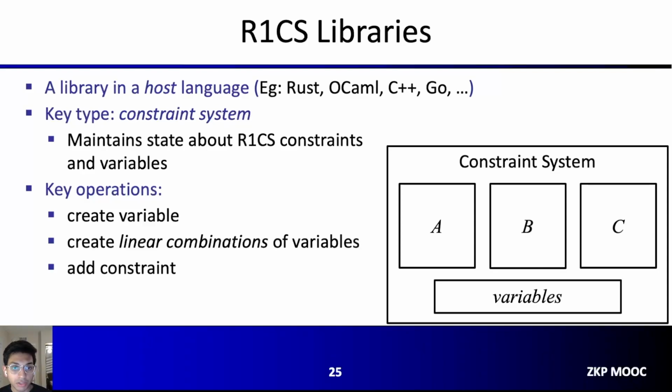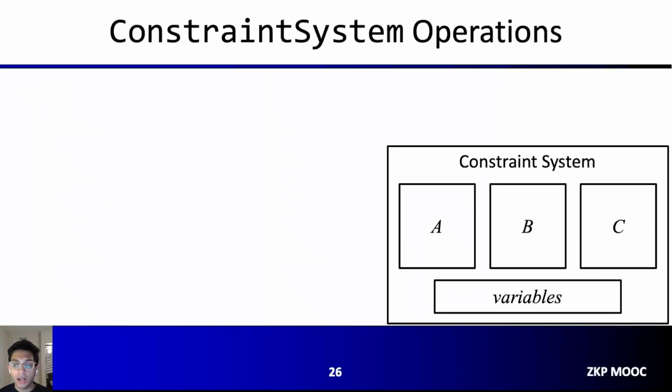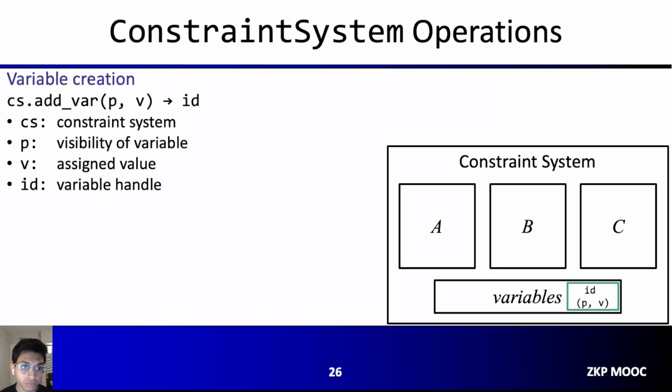Let's see what this actually looks like in pseudo Rust. For variable creation, you will have an add var function or method which takes as input the constraint system so that it can mutate it and add a new entry.